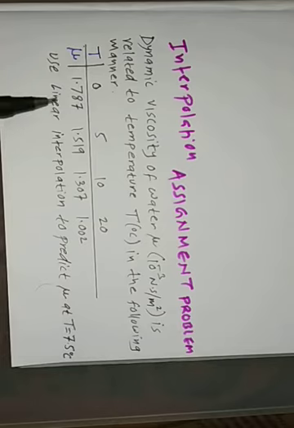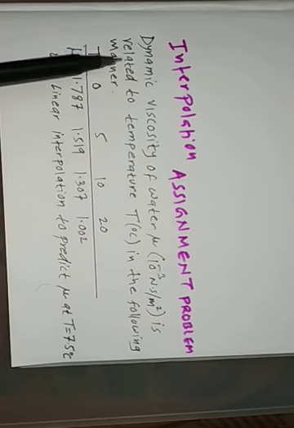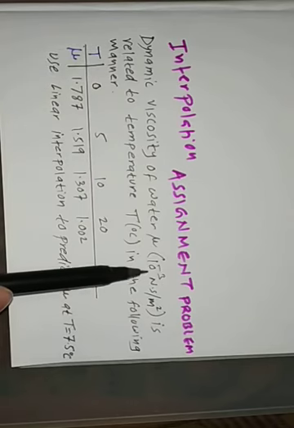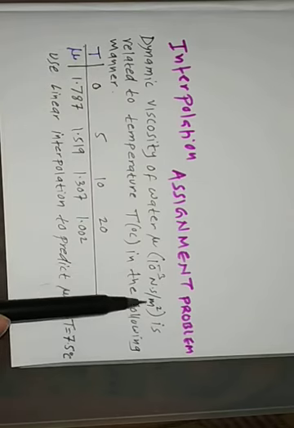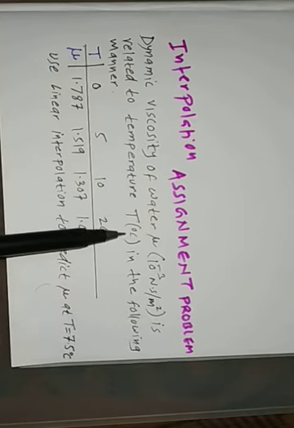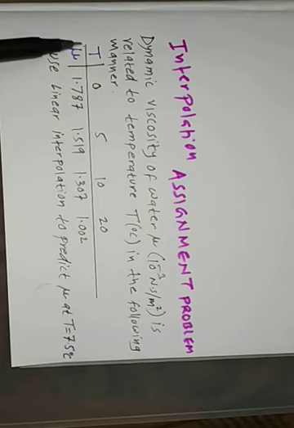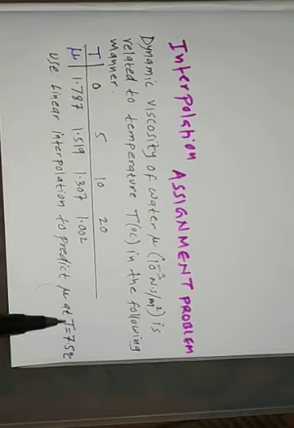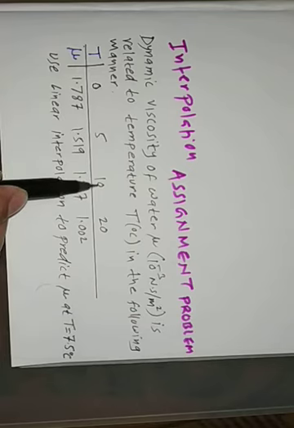Now take one assignment problem on interpolation. Dynamic viscosity of water mu, that is 10 raised to minus 3 Newton second per meter square, is related to the temperature capital T, that is degree centigrade, in the following manner. The values of T and mu are given. Use linear interpolation to predict mu at T is equal to 7.5. Now 7.5 falls between which two points? Here 5 and 10.